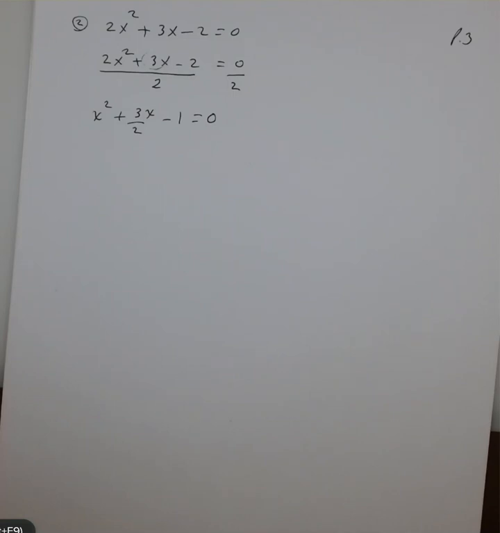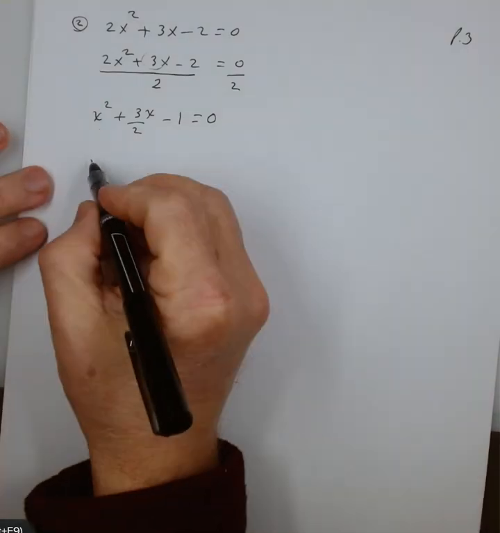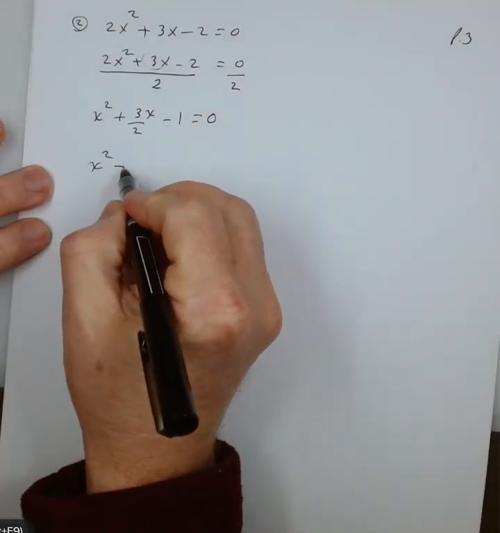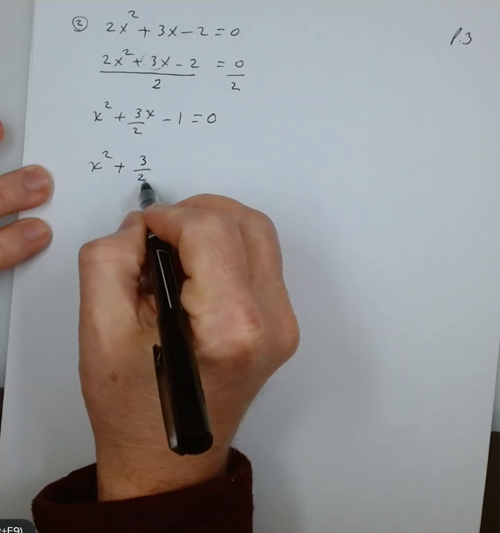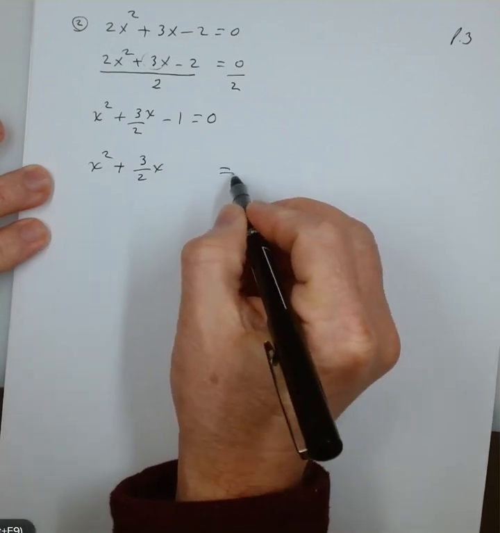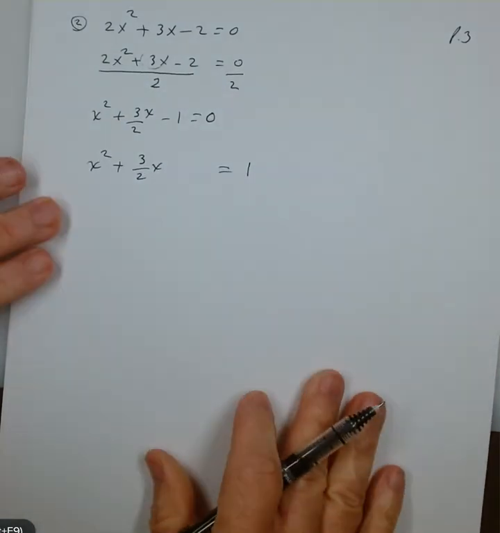If this was a 6, and you divided it by 2, then that would just be 3x. Okay, so the next step then, remember, is to bring the 1 to the other side, minus 1. And then we're going to leave some space. So I get x squared plus 3 halves x, leave some space, equals 1.